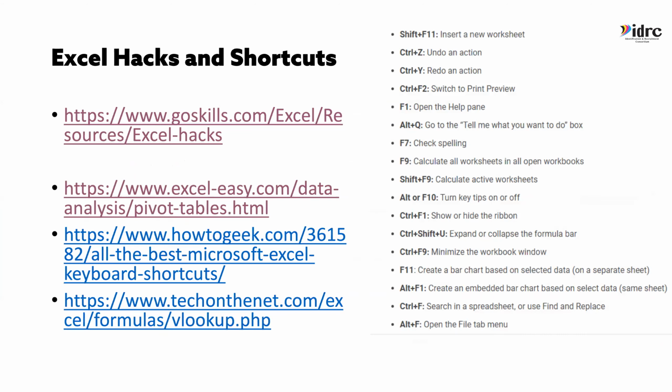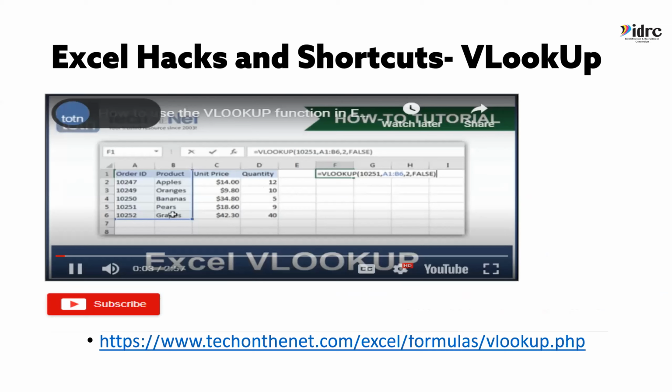I hope that's not what's happening, but there are several really good websites of Excel hacks and easy ways to do pivot tables and best keyboard shortcuts. I do have those included if that would be helpful. But I do want to show you two other resources before we finish today. One is VLookUp, and I know that some people absolutely despise this.